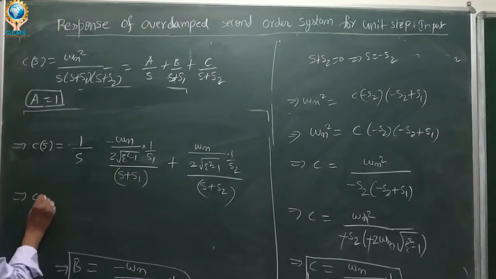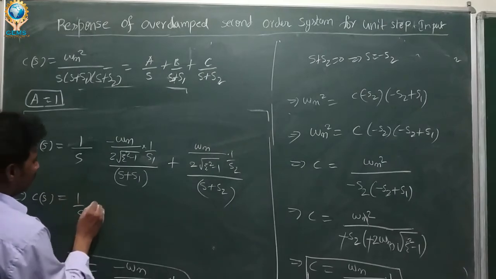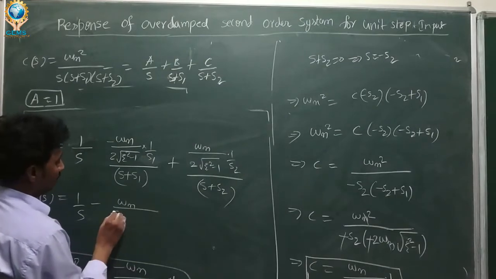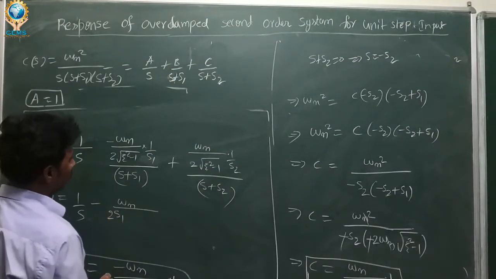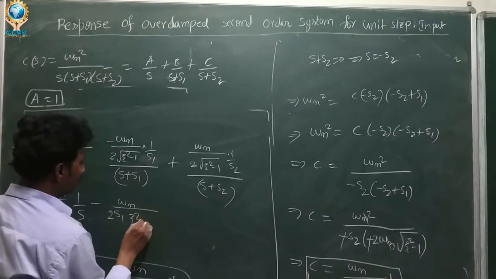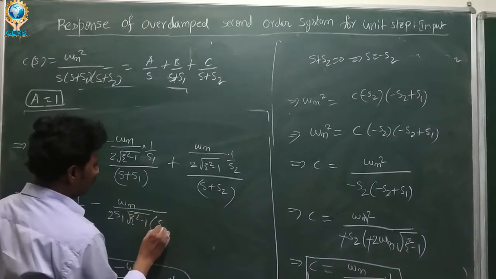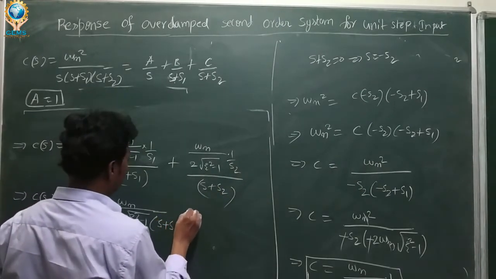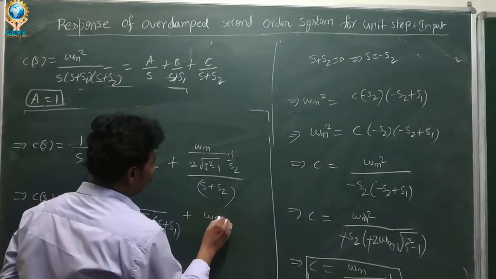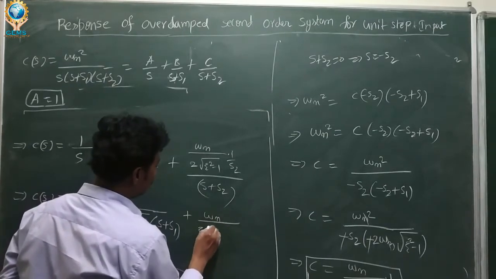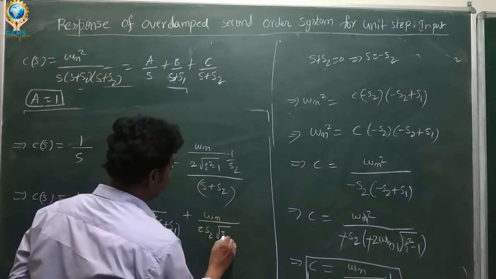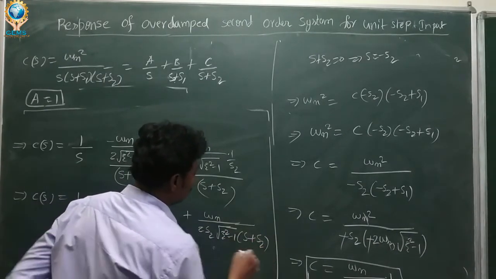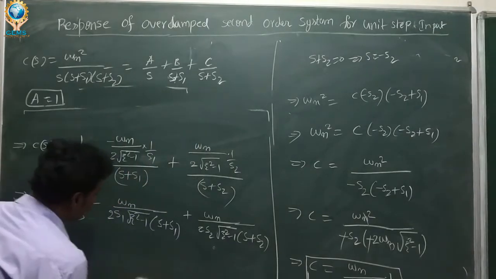Now you just rewrite the fraction. So you will get C of S is equal to 1 by s minus omega n by 2 s1 root zeta square minus 1 into s plus s1, and then plus omega n by 2 s2 root zeta square minus 1 into s plus s2. So this equation you got. So what is the common here?